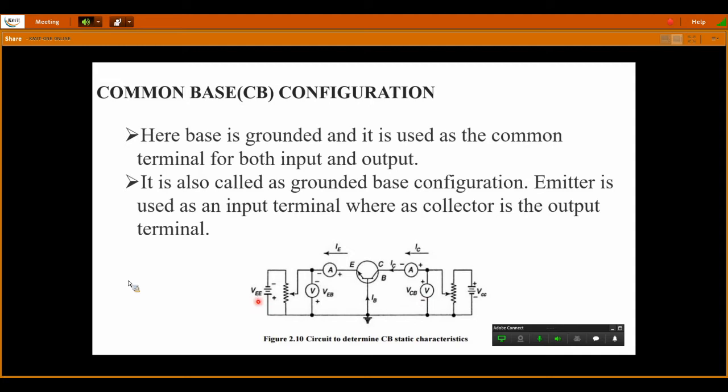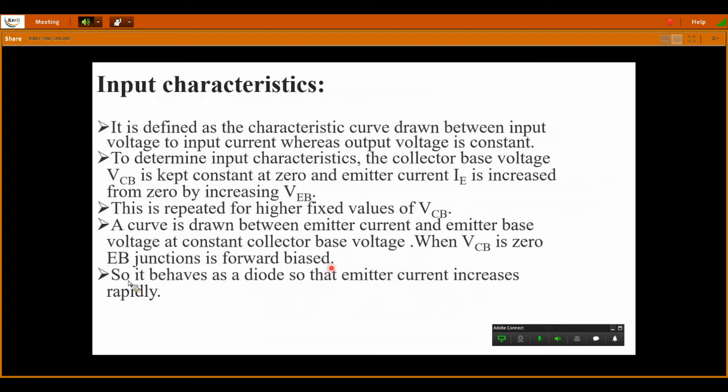Then we will gradually increase our VEE. When you gradually increase the VEE voltage, for every variation in the VEE we'll note down the VEB value and its corresponding current I.